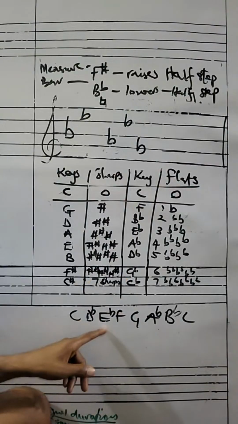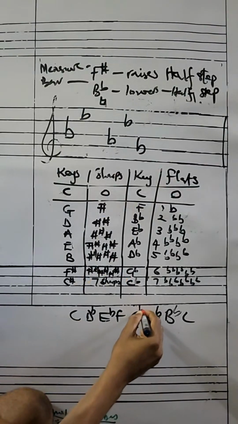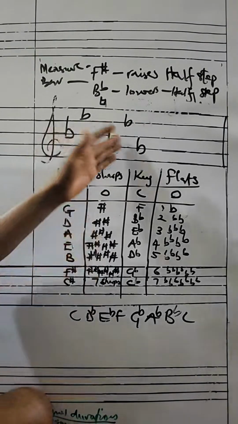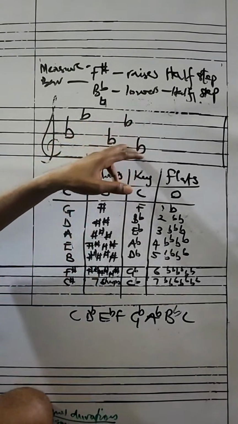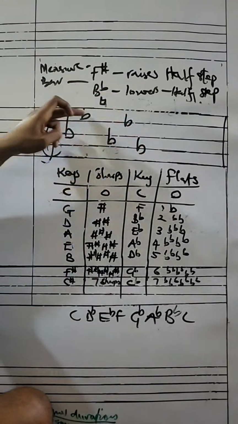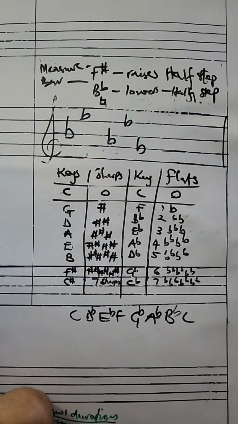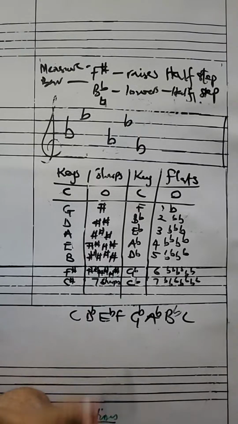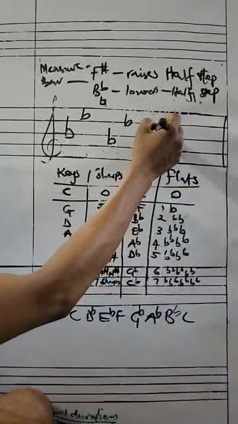So I have my flat on G. So G flat will be the next flat, we already have 4 here, right? 1, 2, 3, 4, 5. G flat will be the next key that will have 6 flats. And which note is flattened in G flat? Your C flat, right?